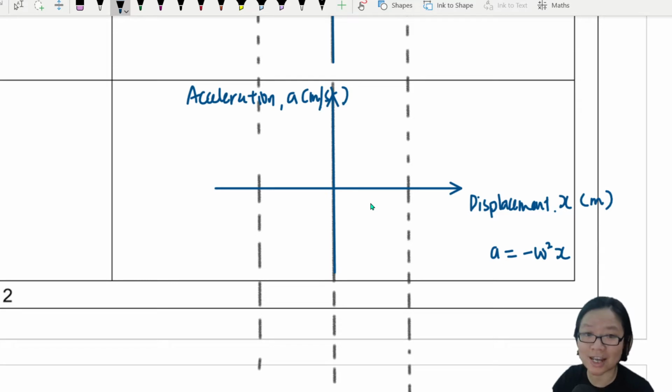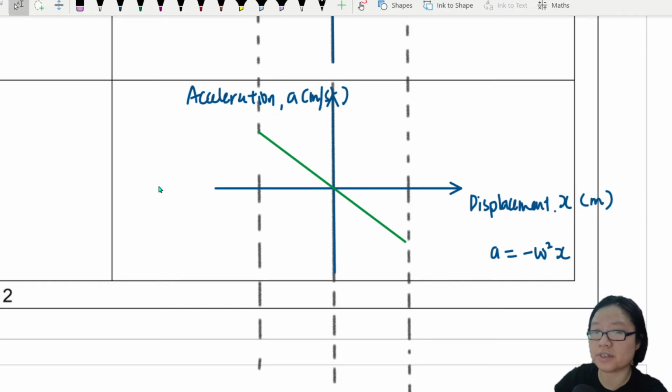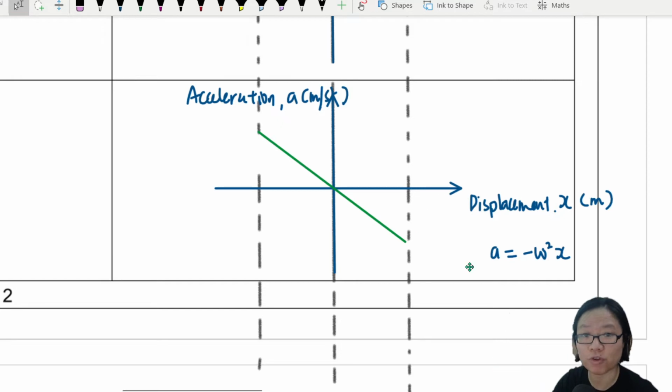So you should get a straight line passing through the origin that looks something like this. Straight line passing through the origin. Okay, so a level 1 question will be, how do you know it's in simple harmonic motion? If the relationship between acceleration and displacement is as projected in front of me.